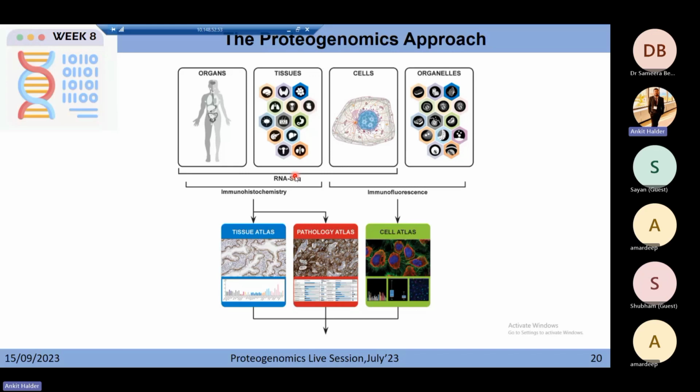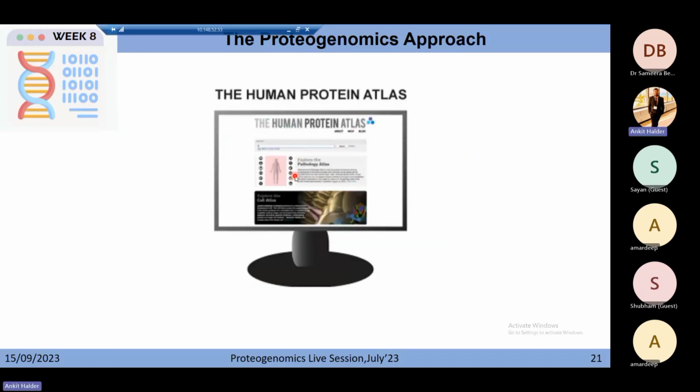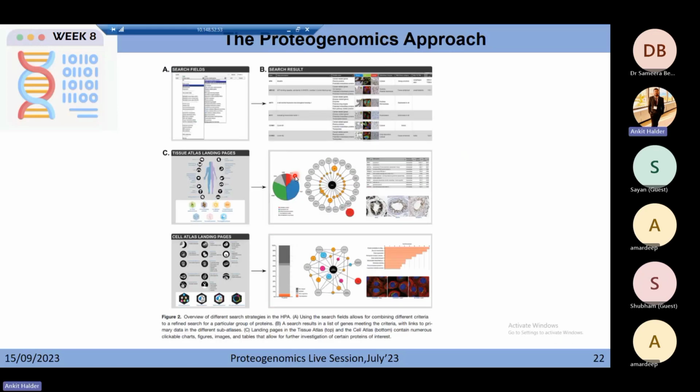Then they use immunohistochemistry for the tissue and pathology atlas, and immunofluorescence for the cell atlas, to identify this. So this gives you the Human Protein Atlas, which we will be exploring.